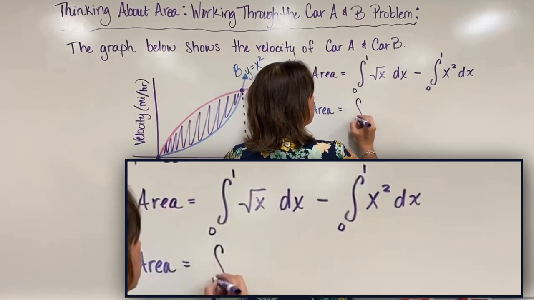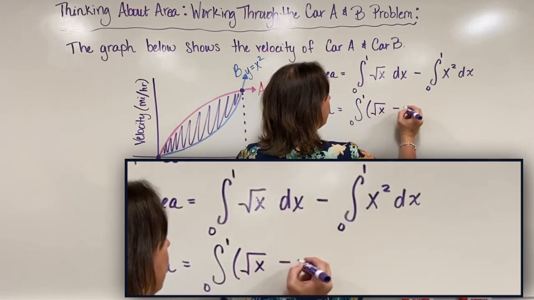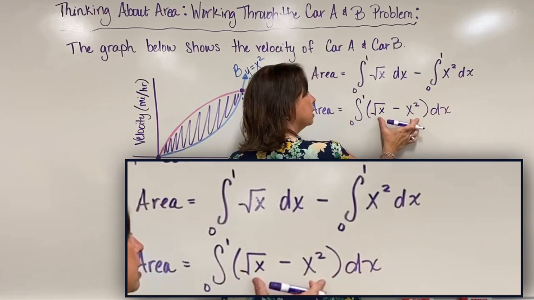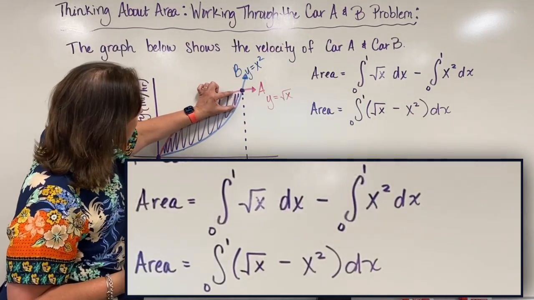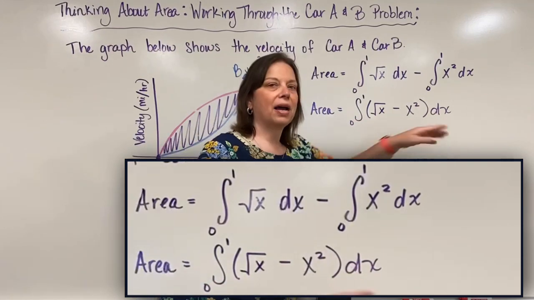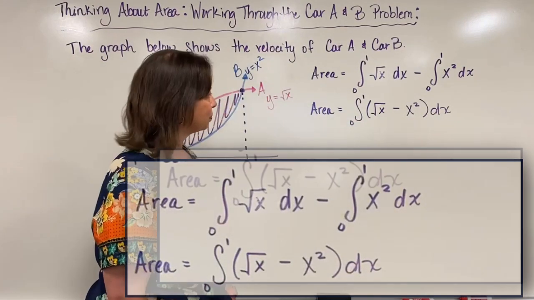So we have an integral from 0 to 1 of square root of x minus x squared dx. This subtraction will tell us all of these slices and their different heights along the way, but then multiplied by this infinitesimally small width for the slice.